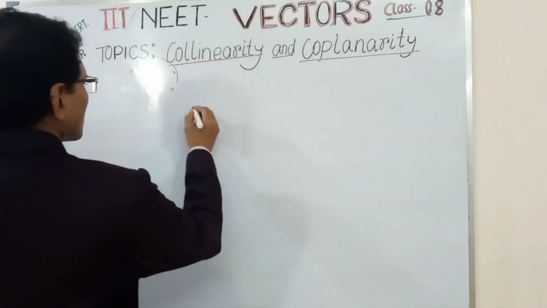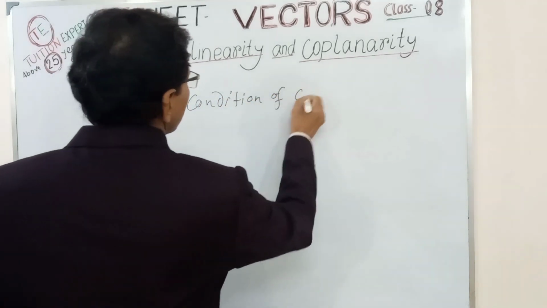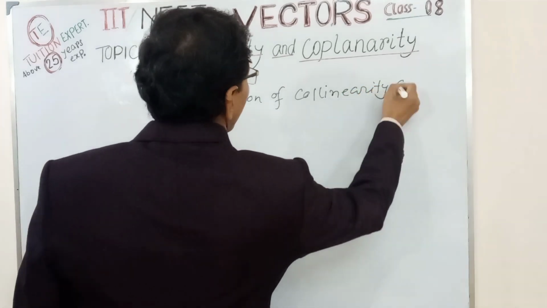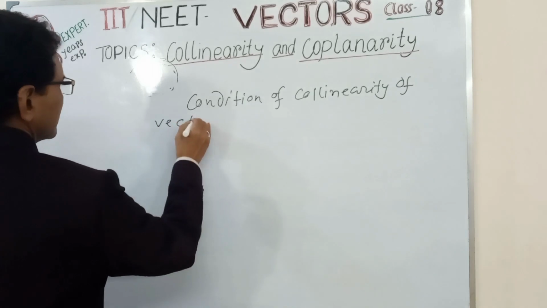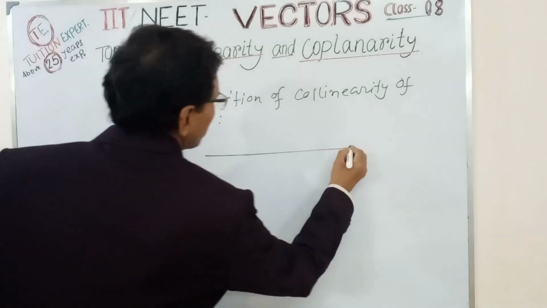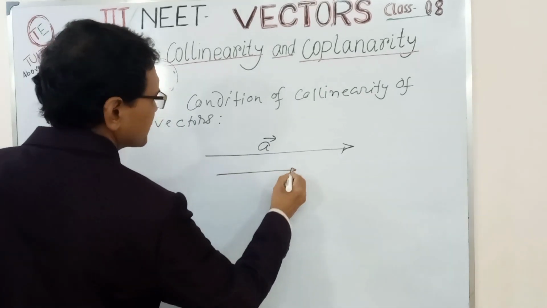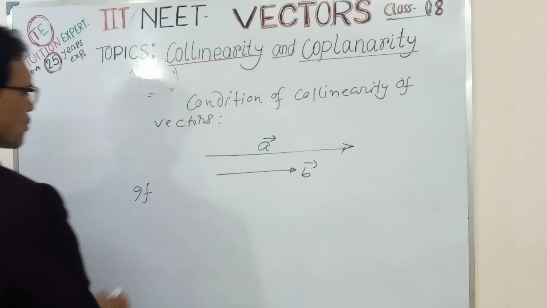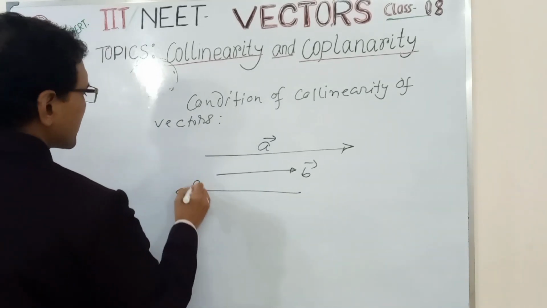Now, condition of collinearity. Collinearity of vectors. Suppose this is vector A and this is vector B. Collinearity means vectors will be parallel.